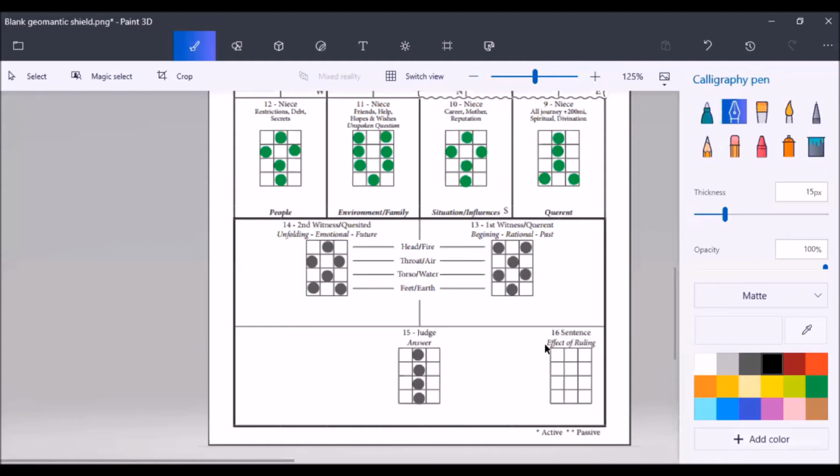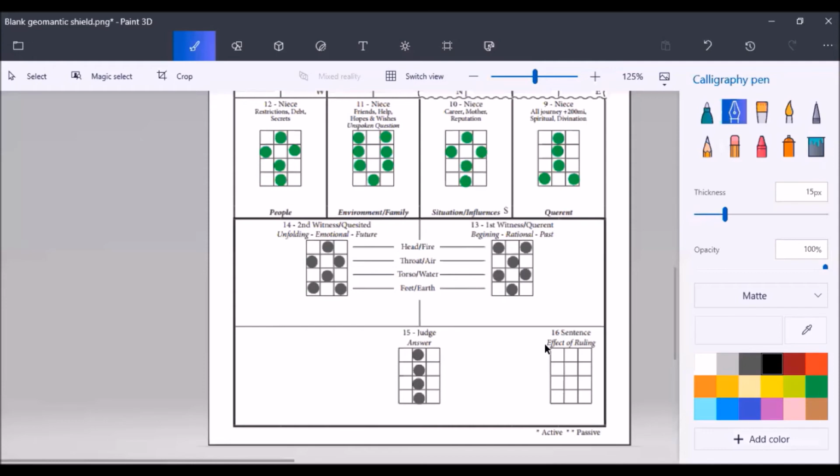So in working with the witnesses, we've talked about how to look at favorability in a chart between the right witness, left witness, and judge, number one. We've talked about how to look at timing as far as past, present, and the future. And now we're talking about the quesited and the querent in the court.